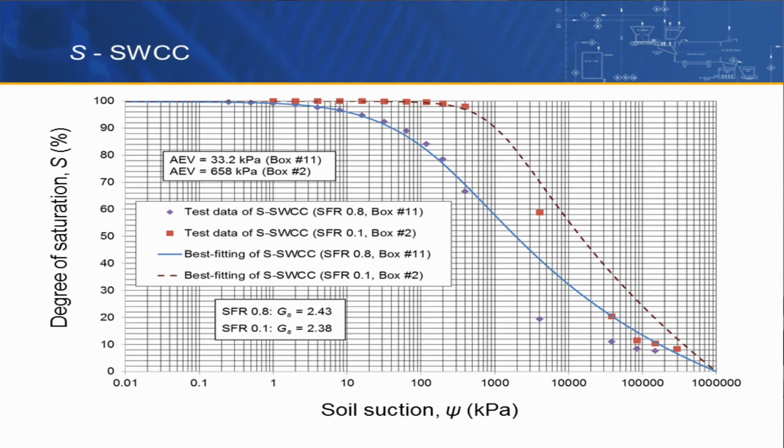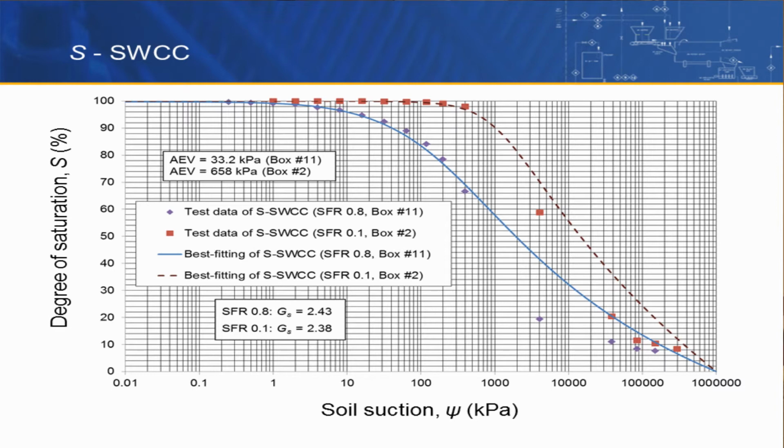And these are two curves for two samples. The red one is for box 2, which has a sand-fine ratio of 0.1, and the blue one is for box 11, which has a sand-fine ratio of 0.8.